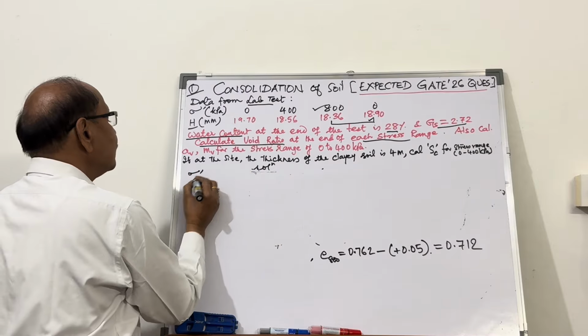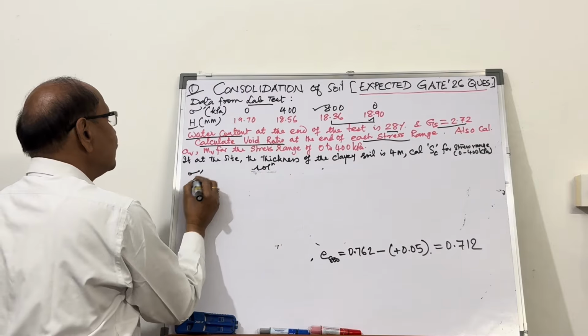So what is the thickness at 0? 19.70, followed by 18.56, then 18.36, and the last one is 18.90.